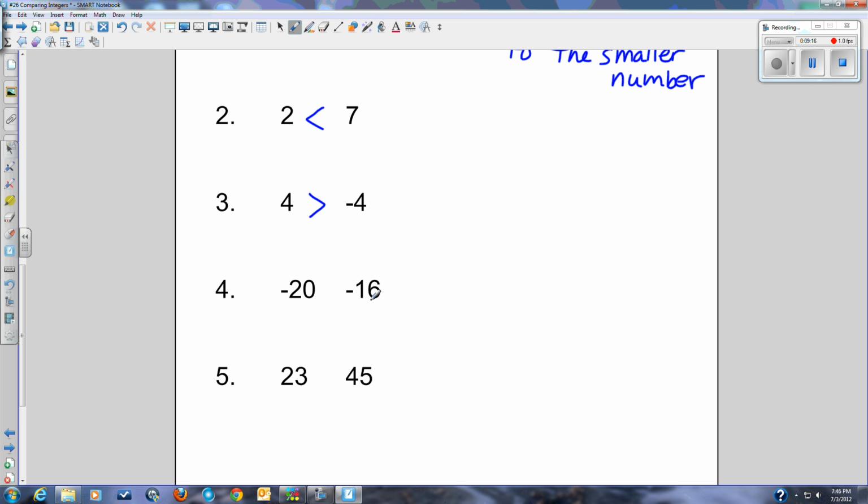Think of it in terms of temperatures if you want. Which one is colder? That's the same as saying which one is smaller. Which temperature is colder? Well, negative 20 is colder, so the arrow will point to negative 20. 23 and 45. Which one's smaller? 23 is, so the arrow will point to the 23.